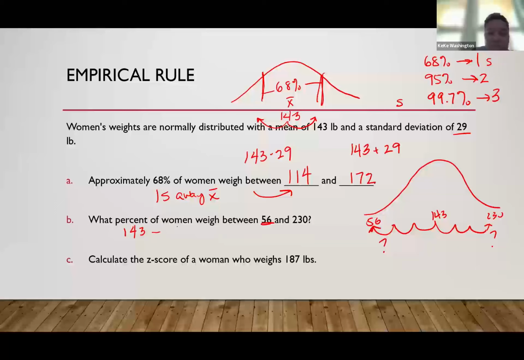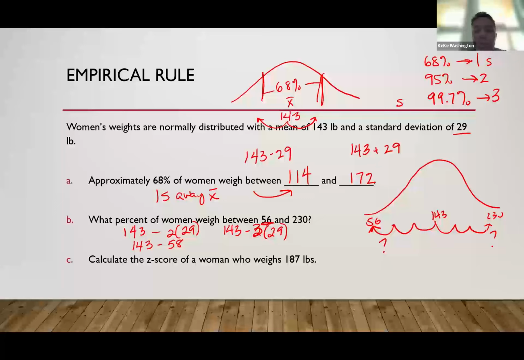If I subtract, let's say, 2 times 29, well, 2 times 29 would be 58, and 143 minus 58 is not 56. So let's try 3 standard deviations. 3 times 29 is 87, and 143 minus 87 is 56.